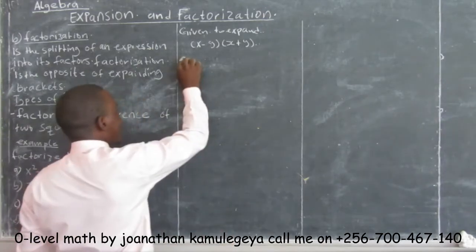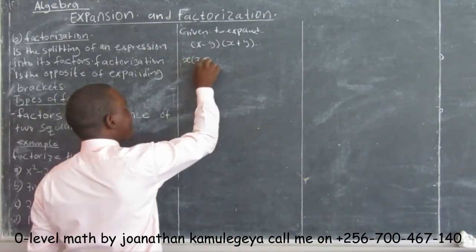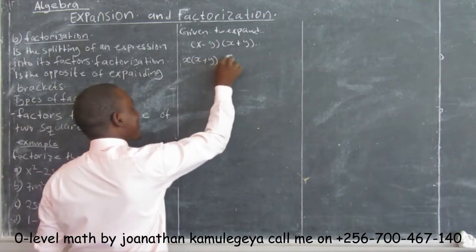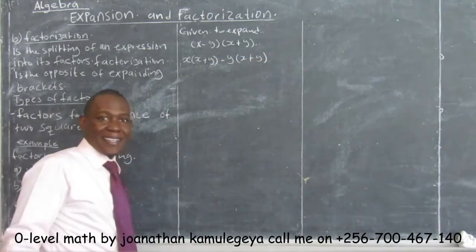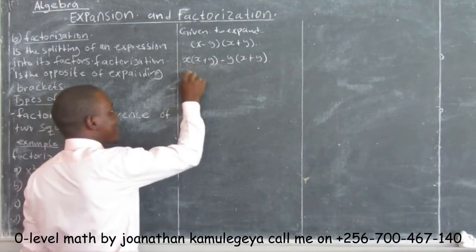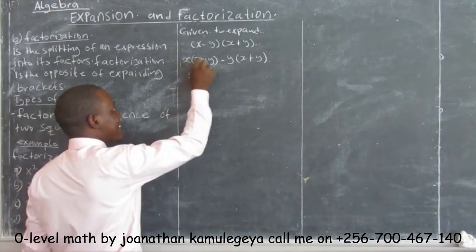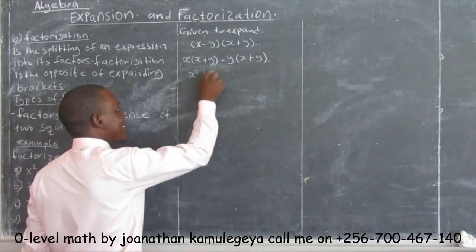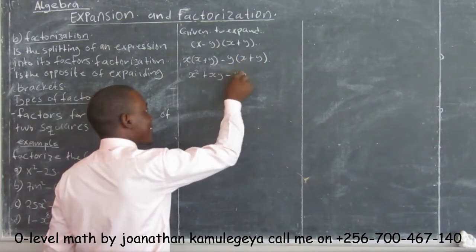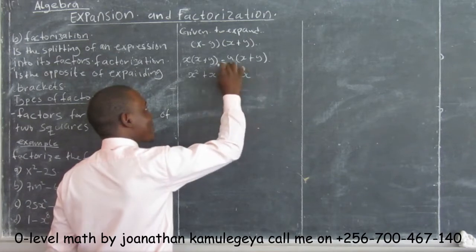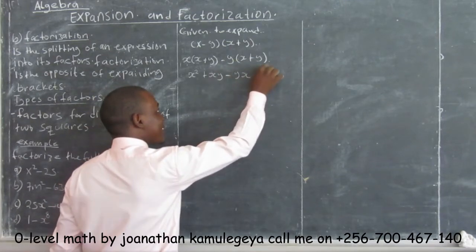Therefore, we shall have x into bracket x plus y, minus y into bracket x plus y. Meaning we are going to have x times x giving x squared, x times y plus xy, minus y times x giving yx, minus, this one will be negative, y squared.